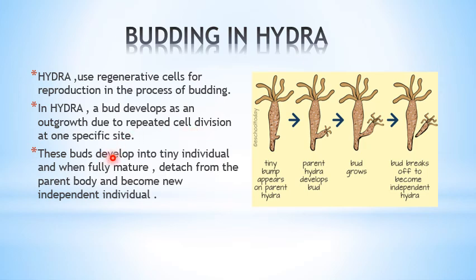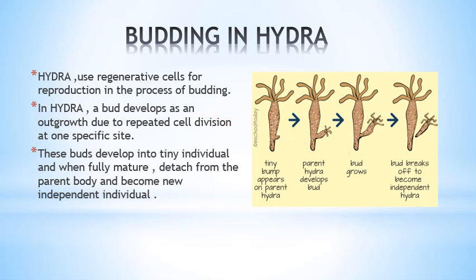These buds develop into a tiny individual, and when fully mature, so this is the tiny one and this is the fully mature one, it detaches from the parent body and becomes a new independent individual. So this is about budding in the hydra.